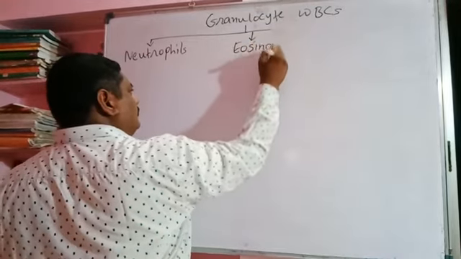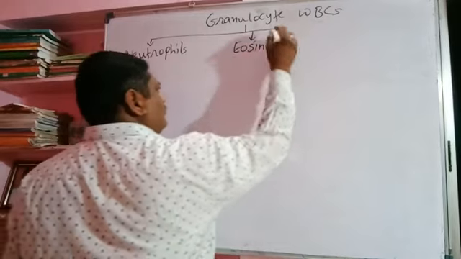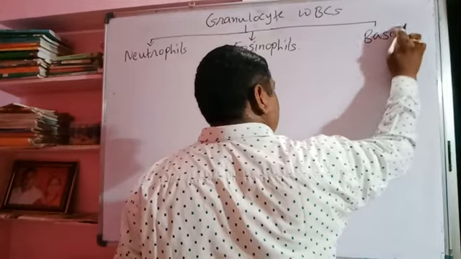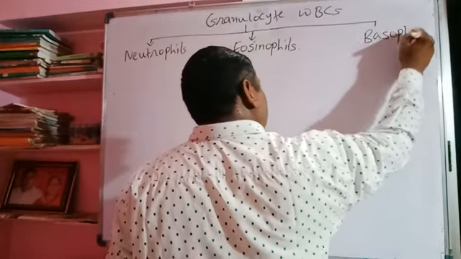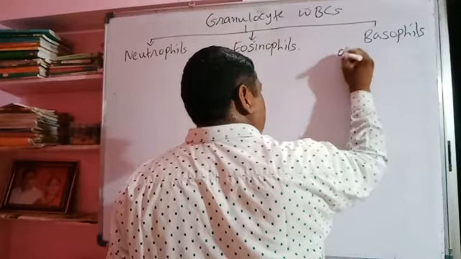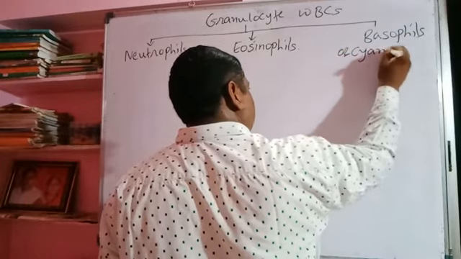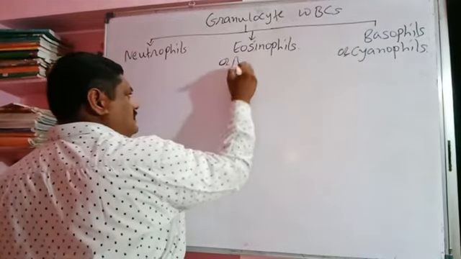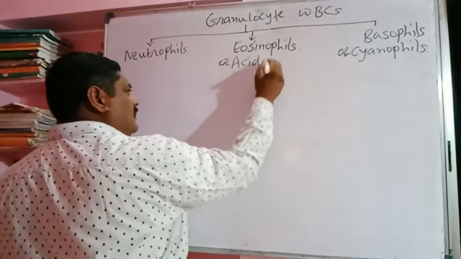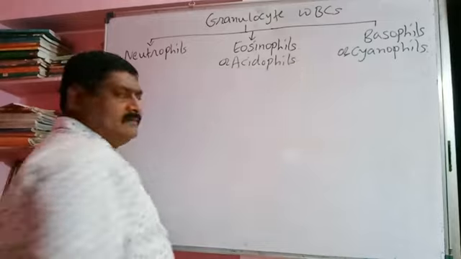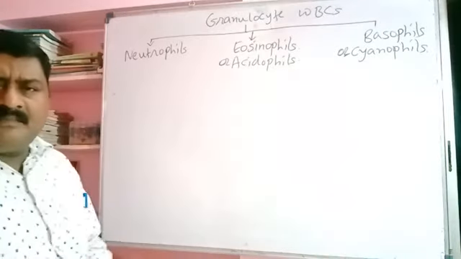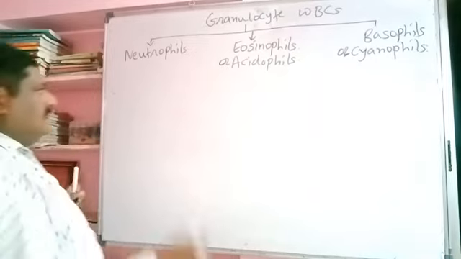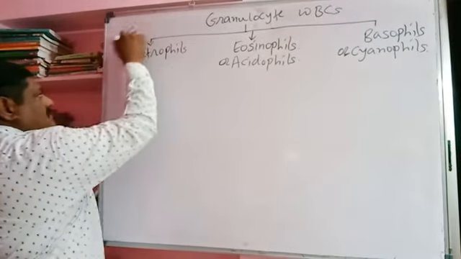Basophils are also called cyanophils, and eosinophils are also called acidophils. This is on the basis of staining technique, stain, dye, color used while staining to observe under the microscope.